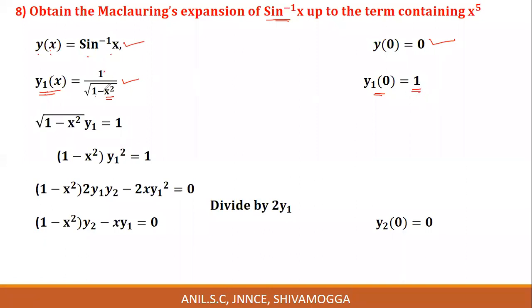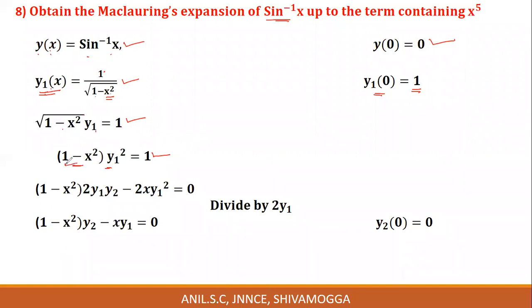To avoid using the quotient rule, we can simplify this as square root of 1 minus x square into y1 is equal to 1. To eliminate the square root, square on both sides. Square root of 1 minus x square whole square is 1 minus x square, into y1 square is equal to 1 square, which is 1. Now differentiate both sides with respect to x using the product rule.